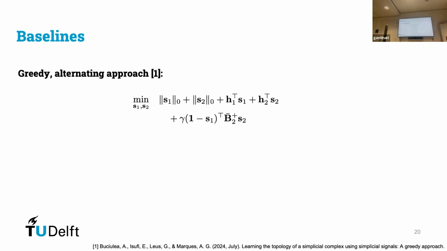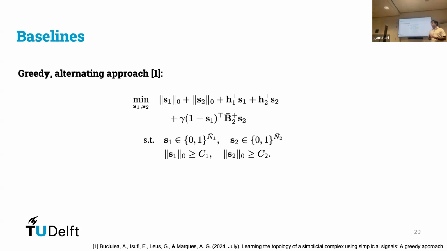And the other is the greedy alternating approach I mentioned. So we spoke about this 1 minus this bilinear term equal to 0. So what they do is they plug it into the objective, right? And now you can have a cost for edges and triangles with inclusion in it.